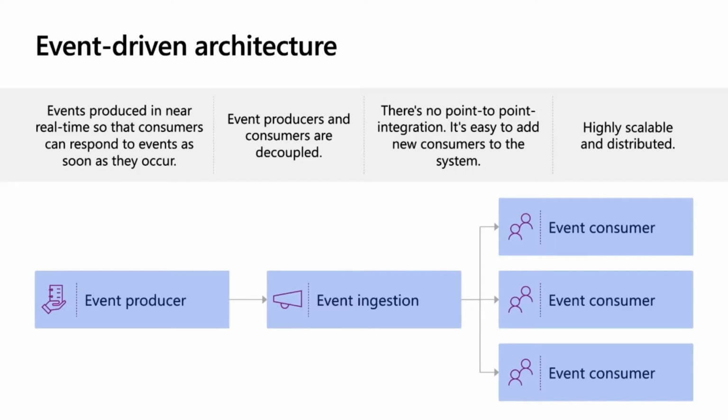It could be Dataverse. And then there's a framework for event ingestion, and you could have different event consumers to listen to that event and extend your integrations. The main point here is my producer and consumers are decoupled, and you can have as many consumers as possible. Within finance and operations, you have the capability to define as many endpoints as you want.